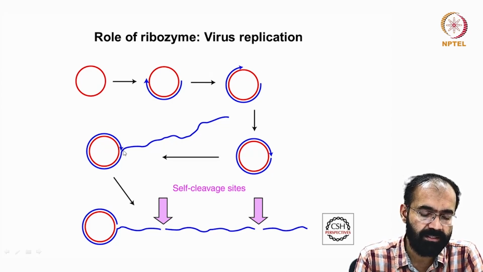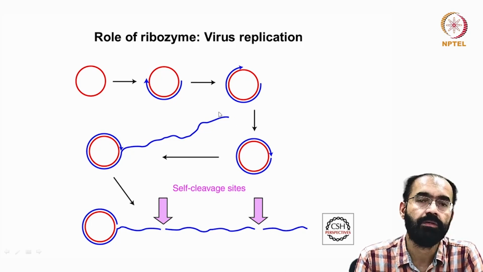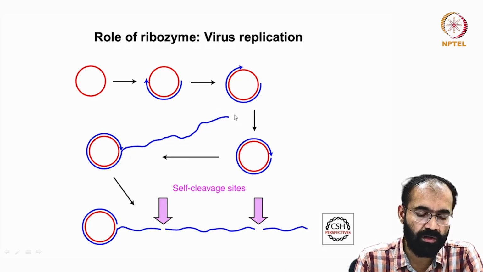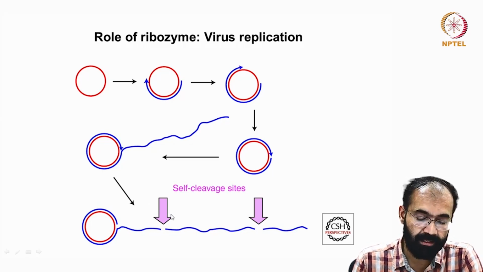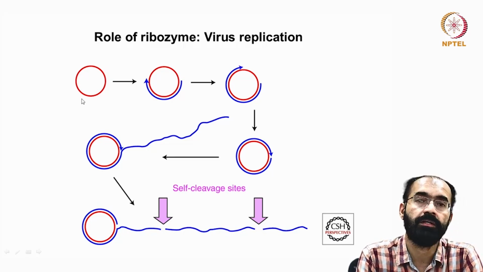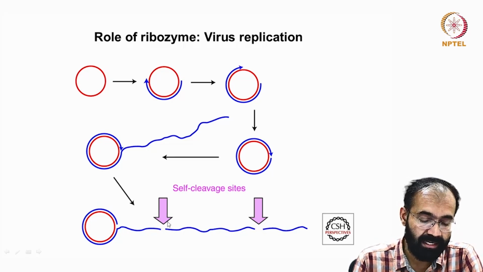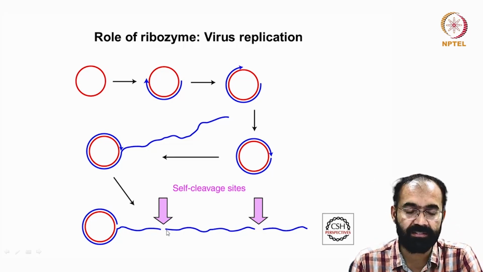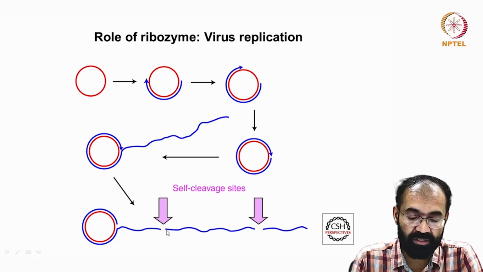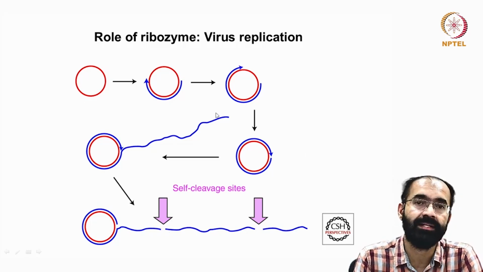And now this strand is being replaced by the newly formed strand, so it will replace this strand, which has now fallen out of this rolling circle. Now this strand needs to be cut at frequent intervals, without which it won't be able to make a meaningful copy, and these pieces will now circle and give rise to the individual copies. And this cleaving at frequent intervals is happening because of a ribozyme action encoded in this structure.